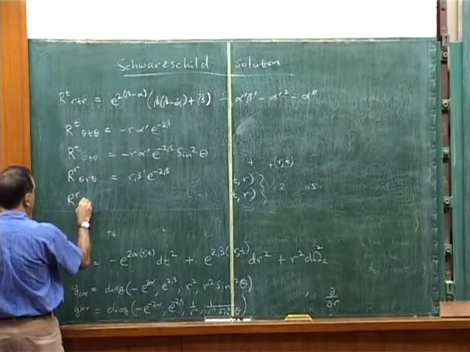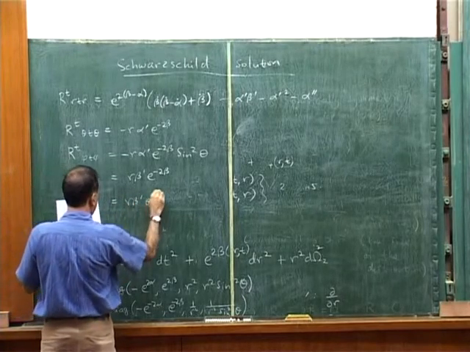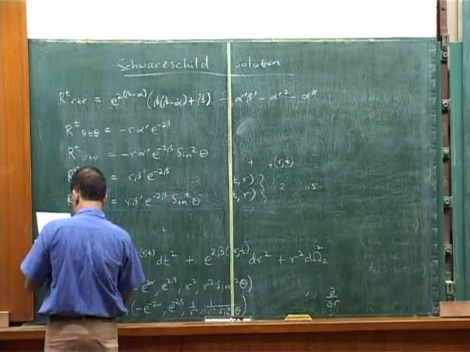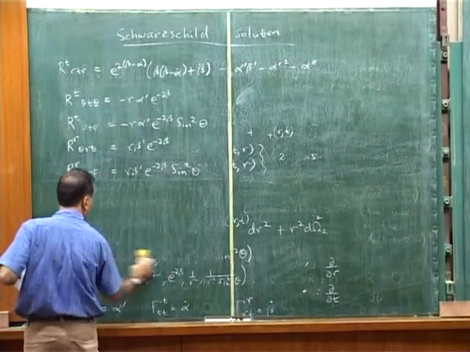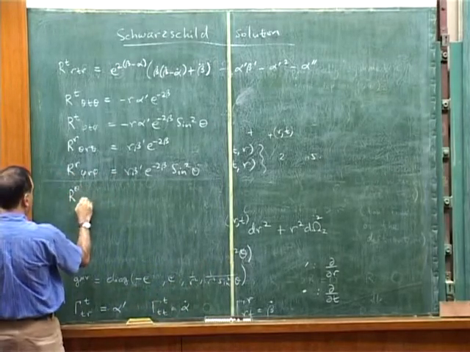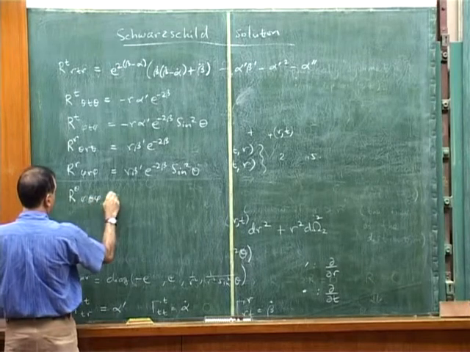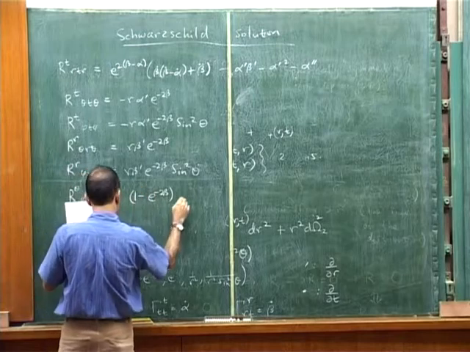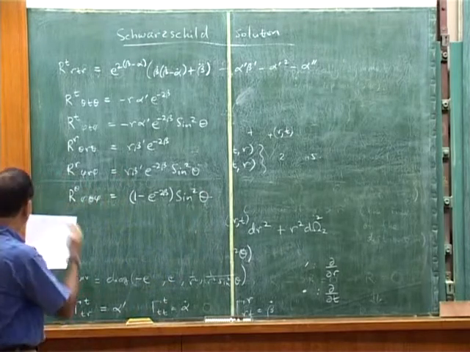Then this one is again the same as the one above with the sine square. Then what's left? Theta phi, theta phi. This is a slightly different pattern, but equally simple.